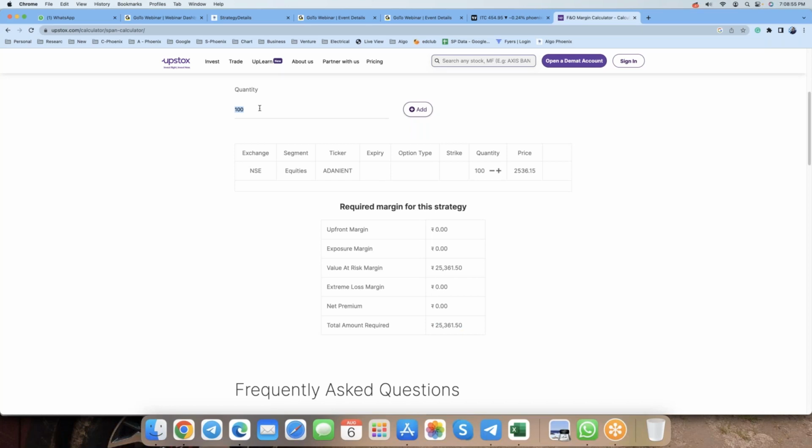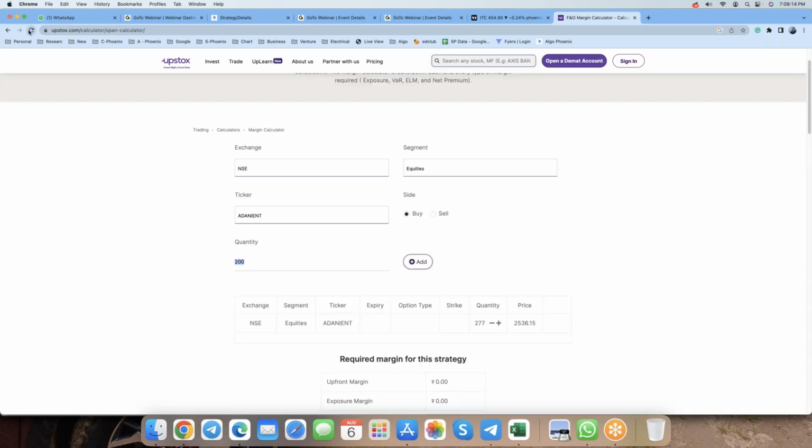If I make it 200 stocks, the margin I need is... maybe I cannot delete this. Maybe I have to make it 250. We will refresh once again.